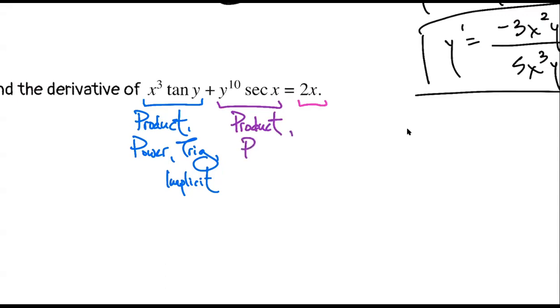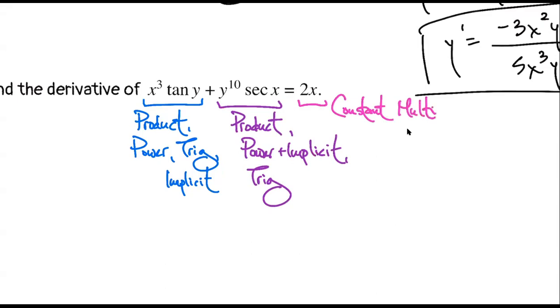Now, I'm going to need power and implicit for the y to the 10th part, but I'm going to need trig for the secant x part, okay? And then this one I feel like you folks know super well. This 2x is just going to be a constant multiple, okay?